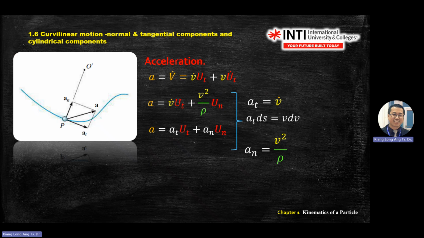It's called the resultant diagram, where you have A_T and A_N, right? You need to find the resultant acceleration.